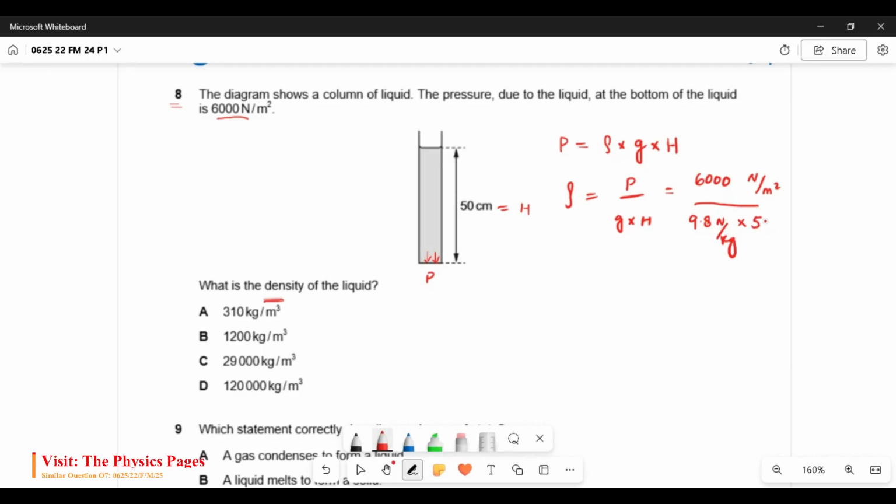I need to convert into meters, so I will write 50 divided by 100 meters. When I simplify this one, it's approximately 1200. That's the option B.